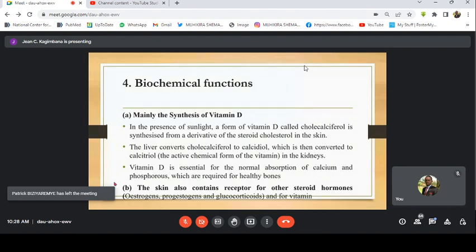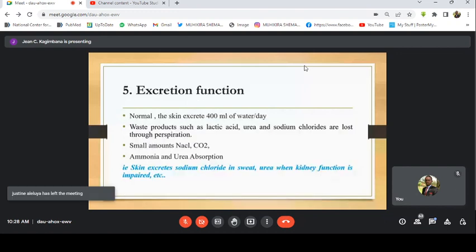The skin also contains receptors for other steroid hormones, estrogen, progesterone, and glucocorticoids, and for vitamin D. Now, the vitamin D synthesis is also a role of the biomechanical function. Now, excretion function.